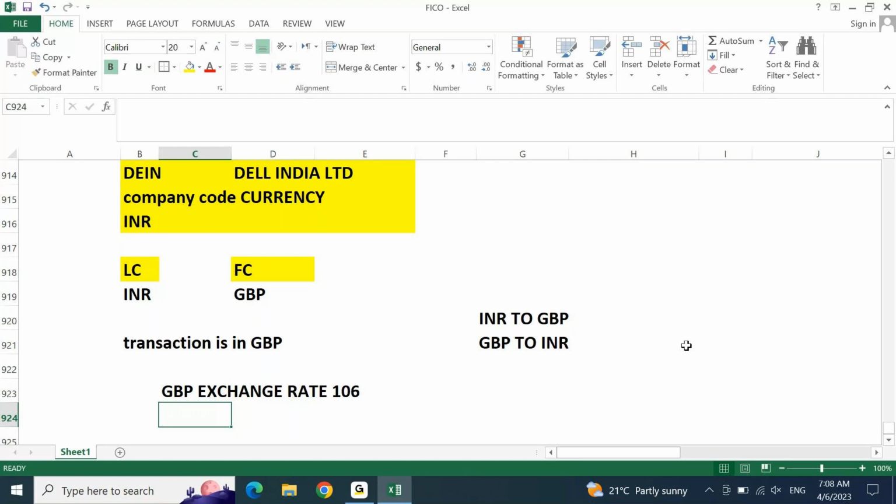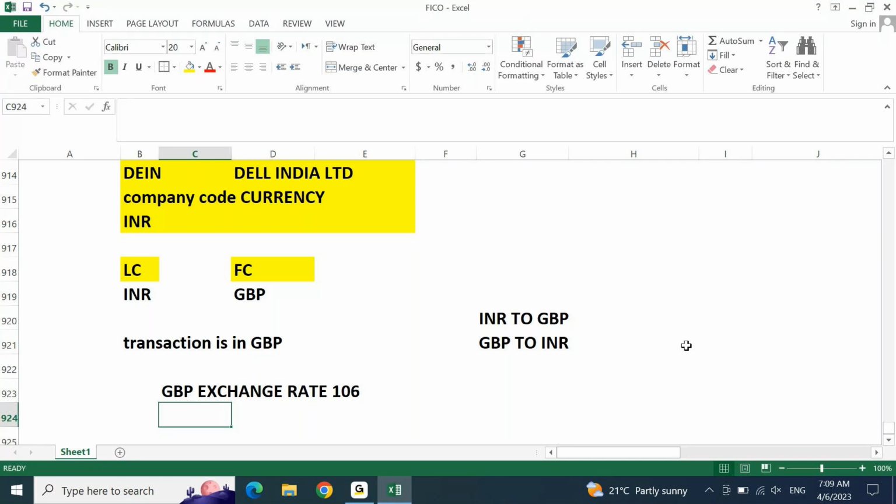This is what rate? 106 rupees. Is this a foreign currency rate or local currency rate? Foreign currency rate. You should always keep foreign currency in your mind, because in most cases we will be talking from the foreign currency point of view, even in reality.